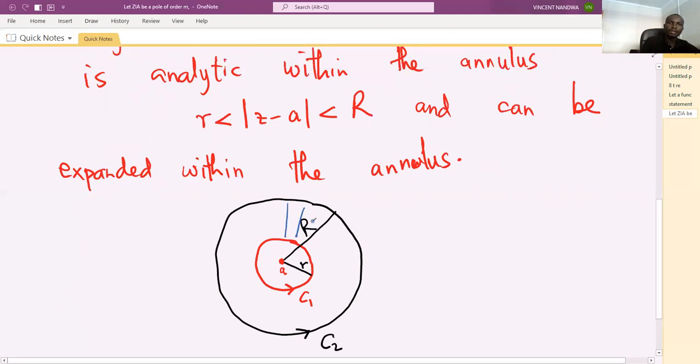This is the annulus region between these two circles, C1 and C2.